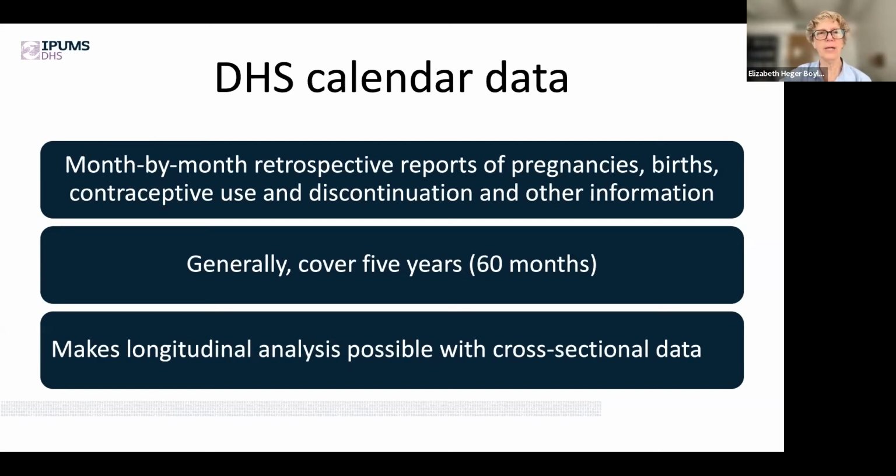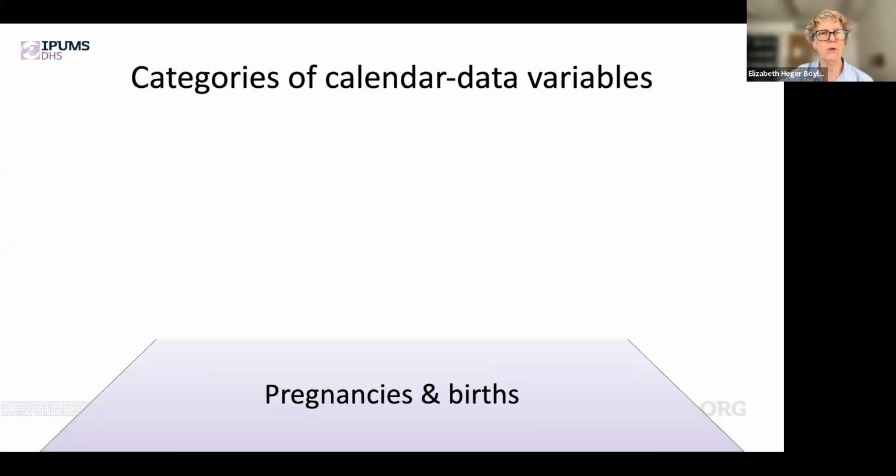Now, there are different categories of DHS surveys, and these can be grouped into 3 broad categories. And the different categories have different amounts of information on the woman's reproductive calendar. So some countries only focus on pregnancies and births, and that's the only information that you're going to see in the calendar data.